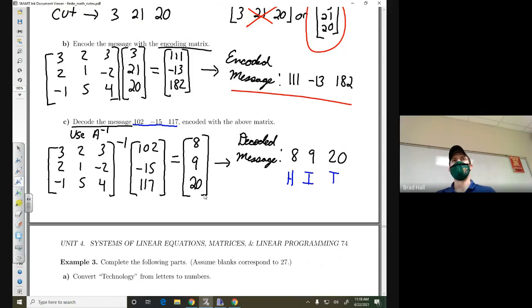So that is us decoding a message. So that's how this whole process works.